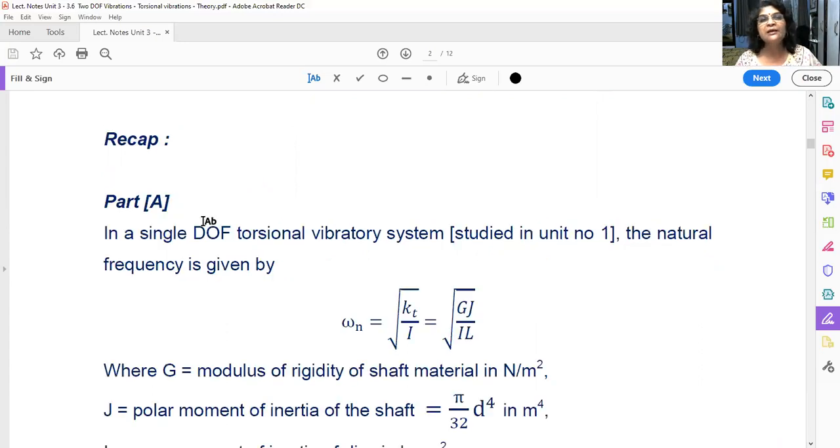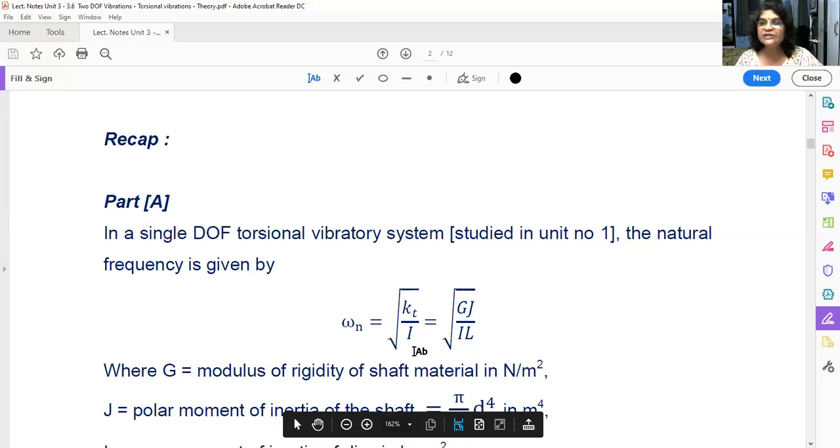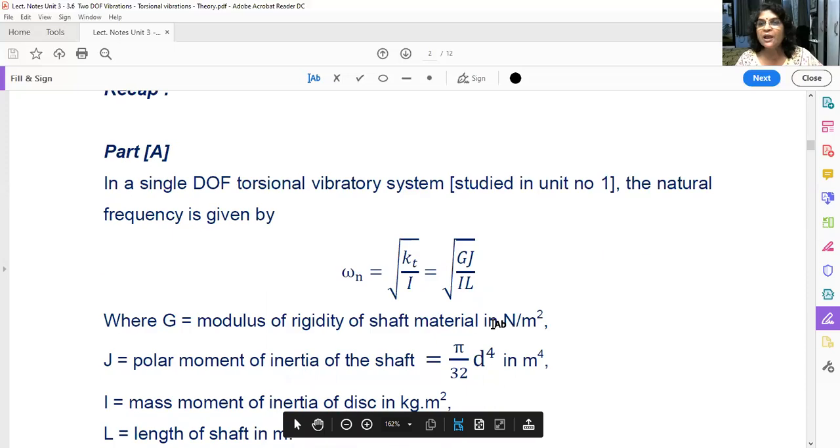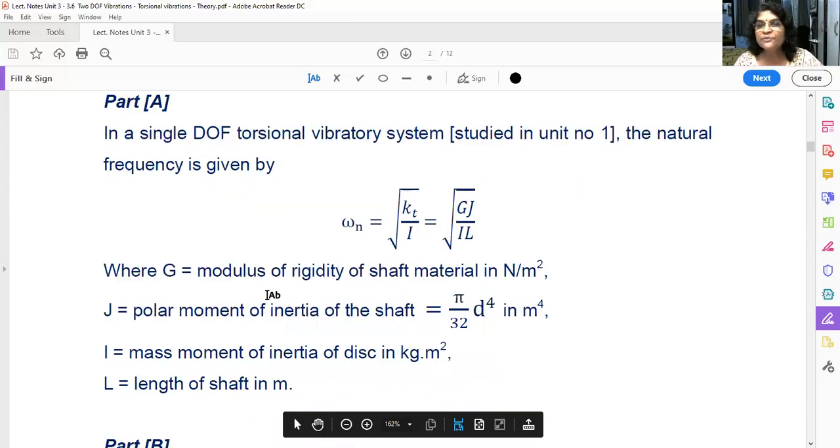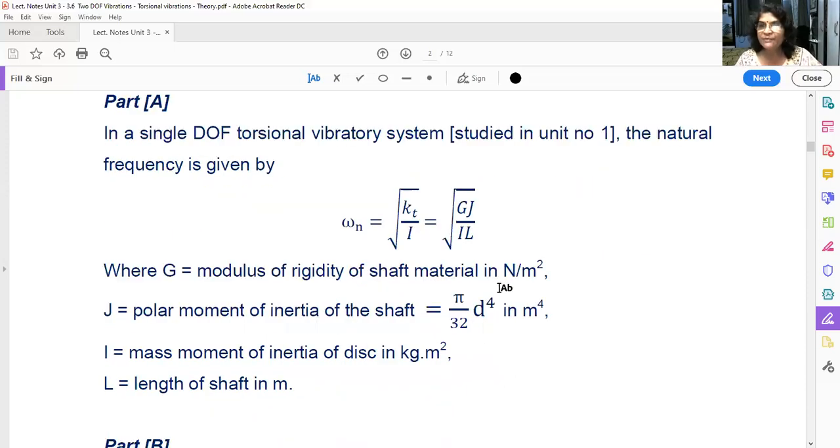Now let us look at the recap of what we have learned in earlier lectures. There are two parts. In part A, in single D-wave torsional vibratory system, in unit number 1, we have learned that natural frequency for any single rotor system can be given by the formula square root of kT upon I, which can be written as square root of GJ upon IL, where G is the modulus of rigidity of shaft material in Newton per meter square.